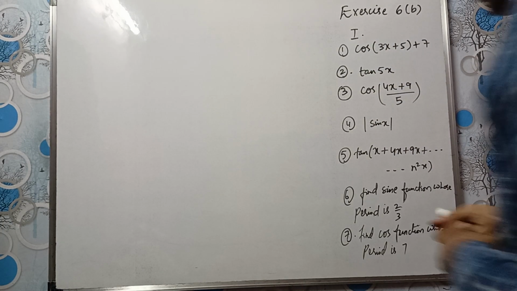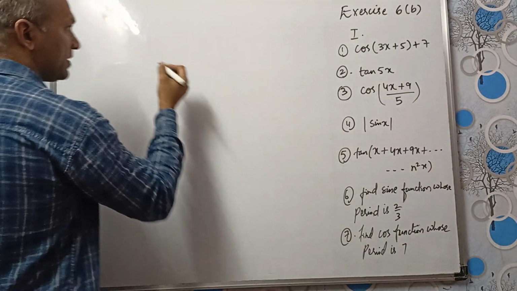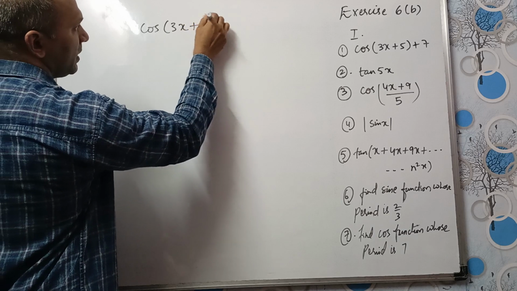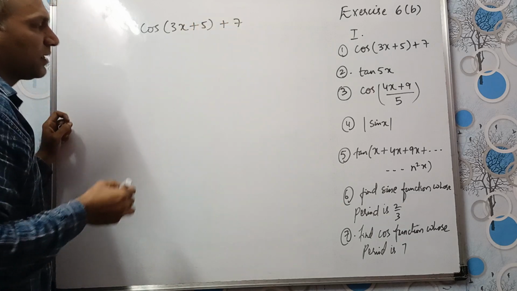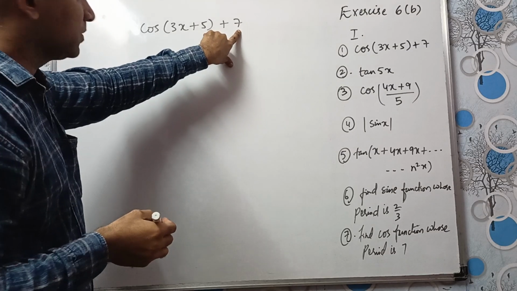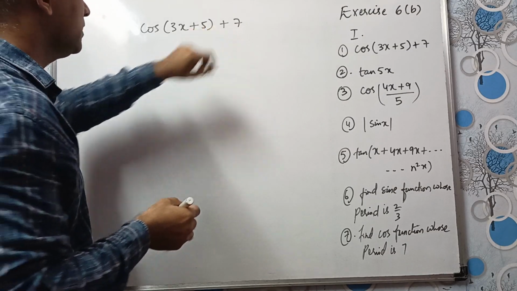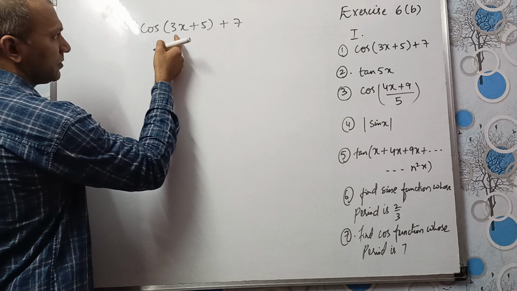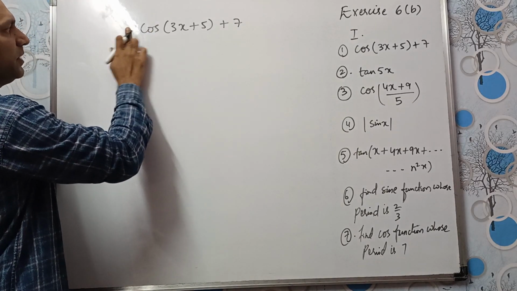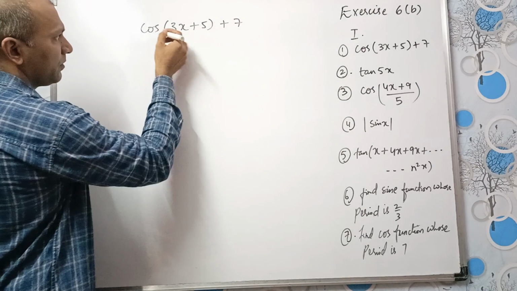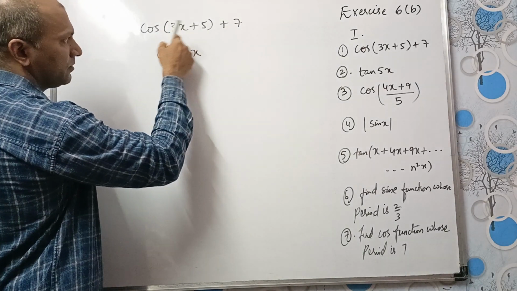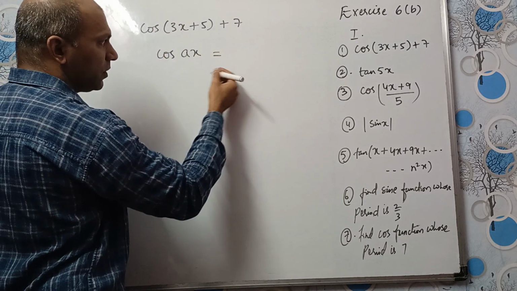The first one, cos of (3x plus 5) plus 7. See, the numbers here will not matter, the period will not change. Even if you have a constant here, let us say 7, the period will not change. So it is like cos ax. What is the period of cos ax?